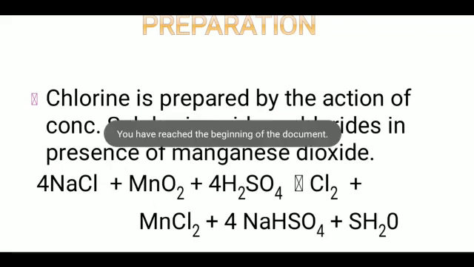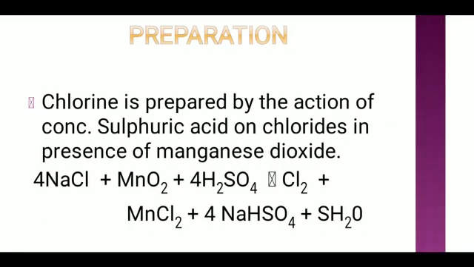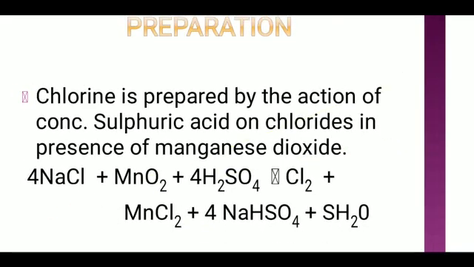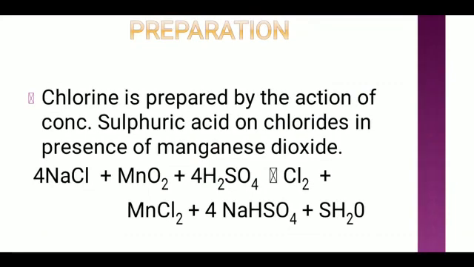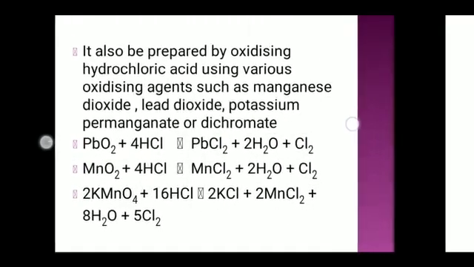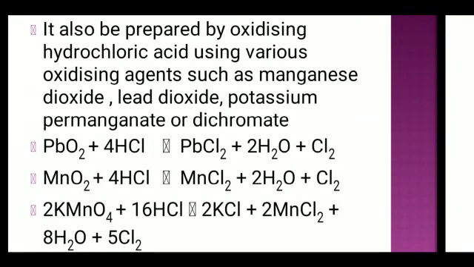The chemical reaction is 4NaCl plus MnO2 plus 4H2SO4, it gives us Cl2 plus MnCl2 plus 4NaHSO4 plus 2H2O. We can prepare chlorine by oxidizing hydrochloric acid using various oxidizing agents such as manganese dioxide, lead dioxide, potassium permanganate or potassium dichromate.